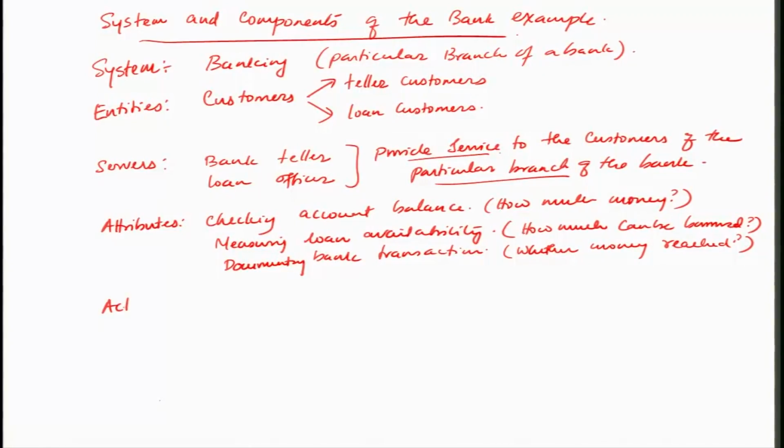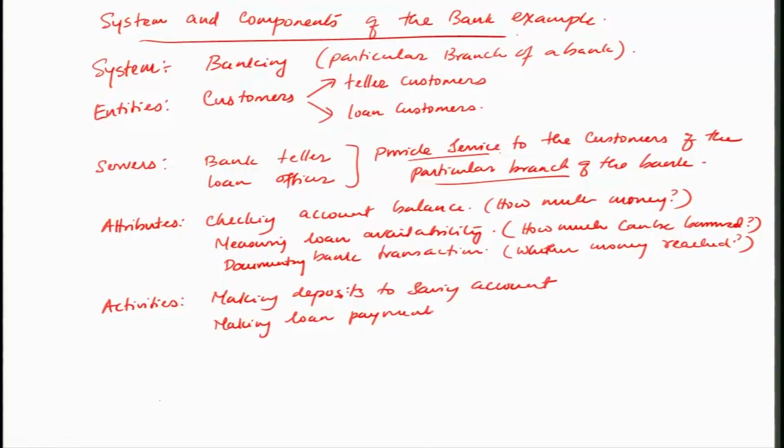Then we can talk about activities. Some of the activities we can think about are making deposits to a savings account, making loan payments, withdrawing from the checking account, putting a fixed deposit.